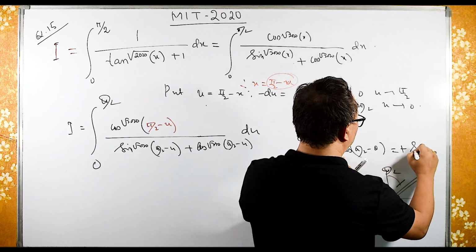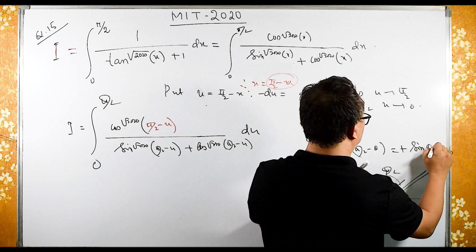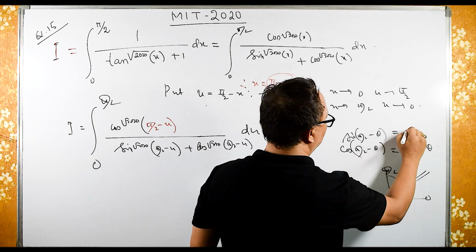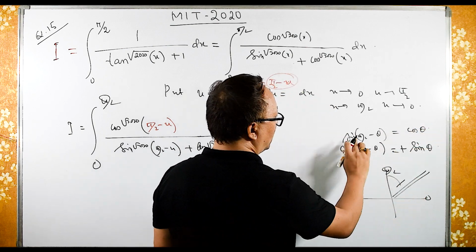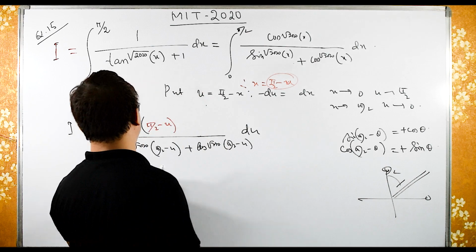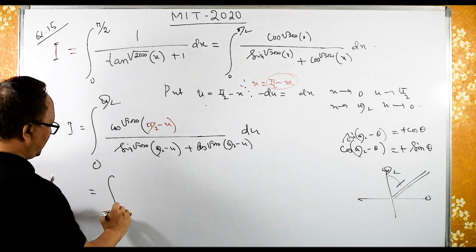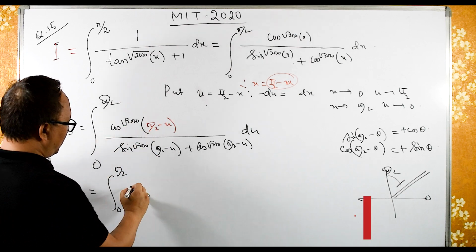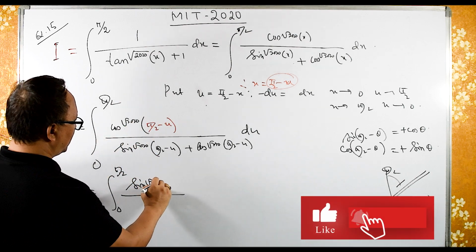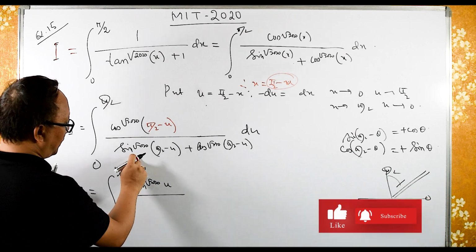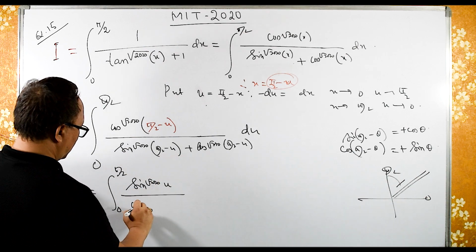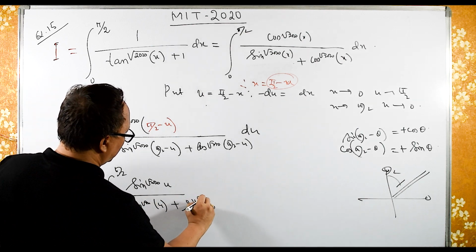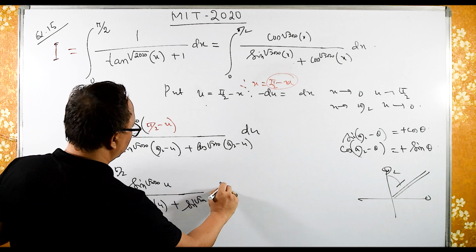So cos will go to sine of theta, and similarly sine of pi by 2 minus theta will go to cos theta with a plus sign. So we have integral 0 to pi by 2, sine of square root of 2020 u upon cos of 2020 u plus sine of 2020 u into du.